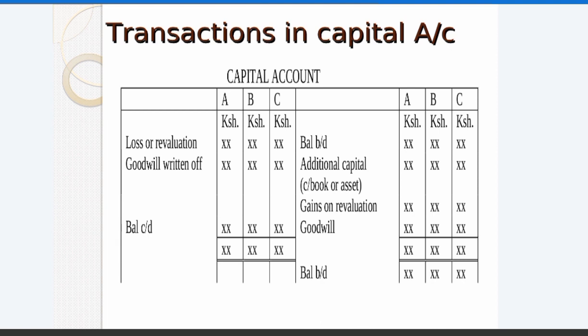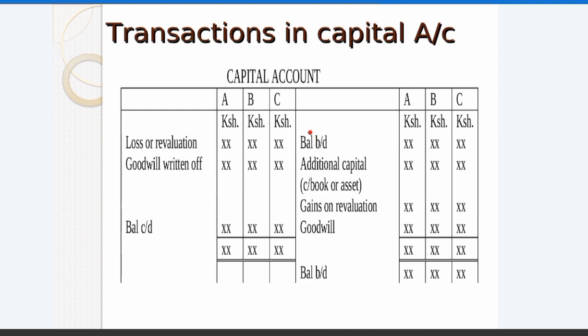That means you are maintaining a capital account only to represent the long-term interest. So remember, capital has a credit balance, and that is why you can see from our capital account, the opening balances, the balances brought down, are on the credit side.